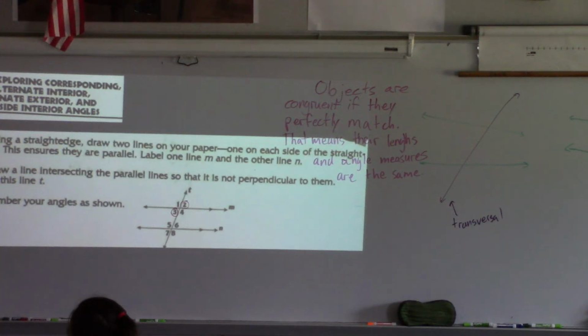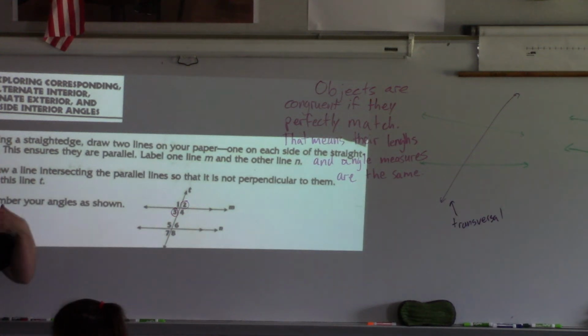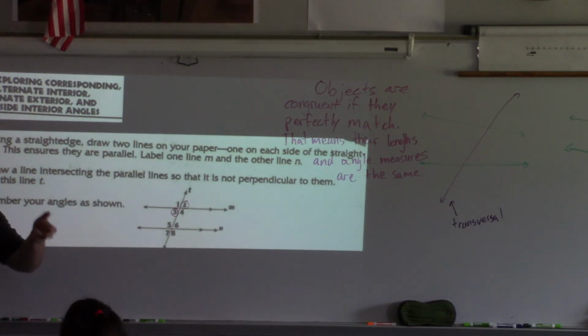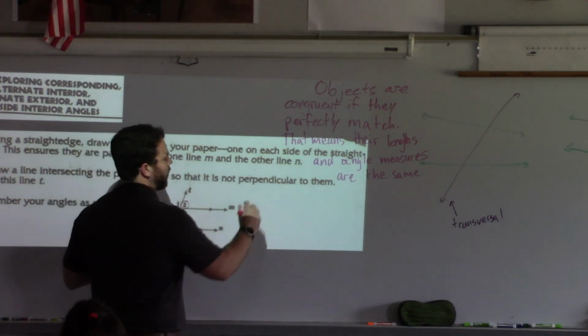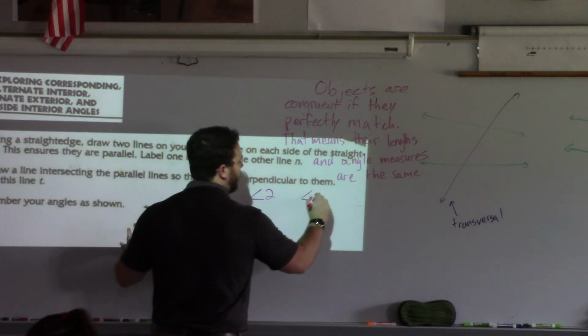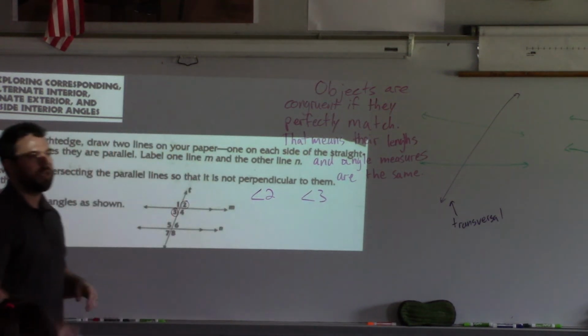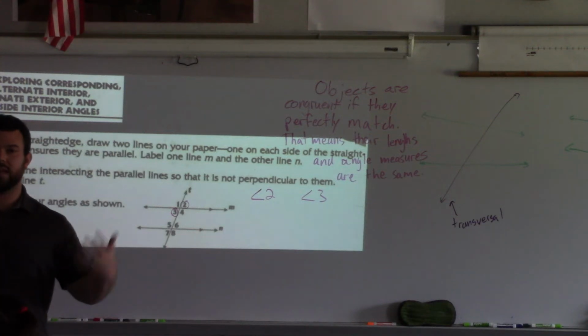Okay. Angles 2 and 3, the measures are the same, and they are congruent to each other. So here's a couple of things I need you to write down under that part about congruency. This is how we indicate that two things are congruent. So we have angle 2 and angle 3. To say they're the same, what mathematical symbol have you learned in the past that says things are the same?